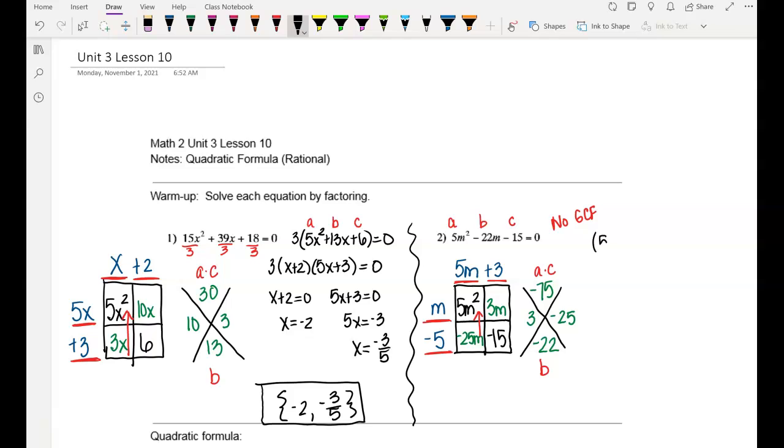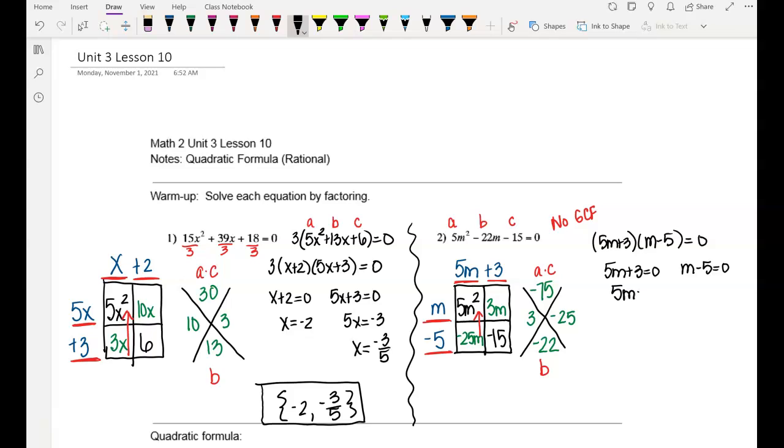So I have the quantity 5m plus 3 times the quantity m minus 5 equals 0. That is the factored form. To solve, I put 5m plus 3 equals 0. m minus 5 equals 0.